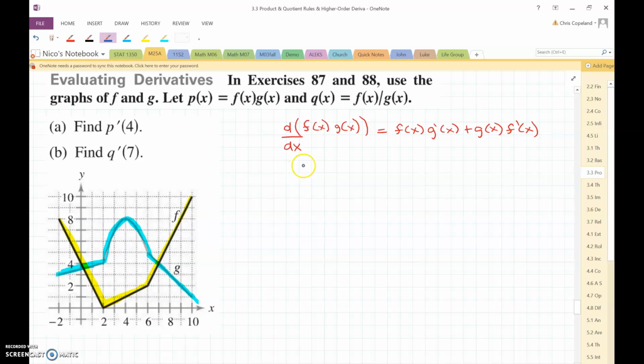And then if we're taking the derivative of f of x divided by g of x with respect to x, that would be the denominator times the derivative of the numerator minus the numerator times the derivative of the denominator, all over the denominator squared.